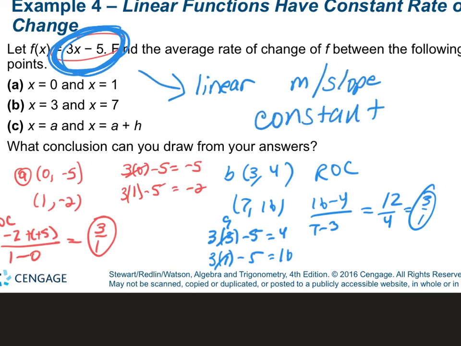So you can look at a function and find the average rate of change between several points, and you can tell if it's linear or not. Because if you have a linear function, every time you do the average rate of change, you should get the same answer. If you have a quadratic or something cubed or square root, something like that, your average rate of change between different points is going to be different.